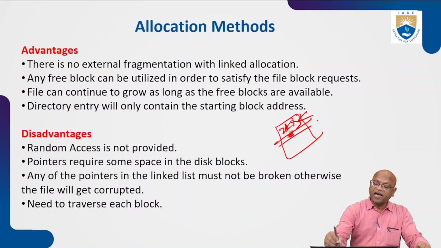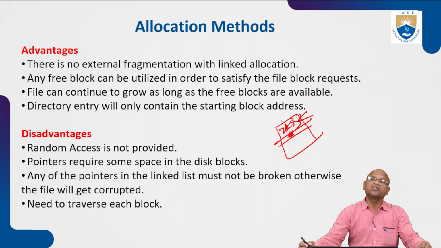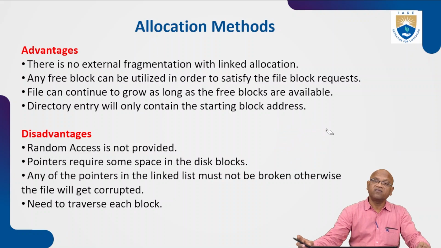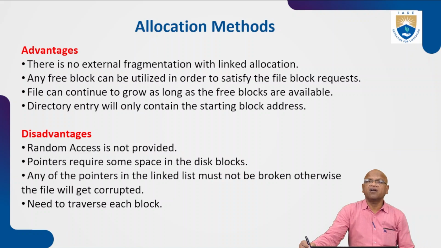Another block is added to this one, so the file can grow. File can continue to grow as long as free blocks are available. A free block will be allotted. So there is no restriction on the file size. We can increase it as per the requirement. The directory entry will only contain the starting block address.